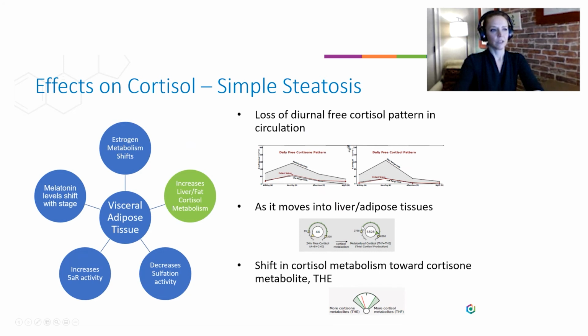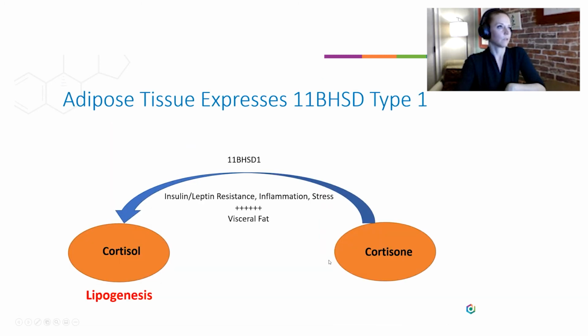So cortisol moves into the liver and adipose tissues, and we get that shift in cortisol metabolism toward the inactive cortisone metabolite, tetrahydrocortisone. And you can see that shift really easily in those reports. And I think it's important to distinguish what form of the 11-beta-HSD enzyme is being expressed in the tissue we're interested in.